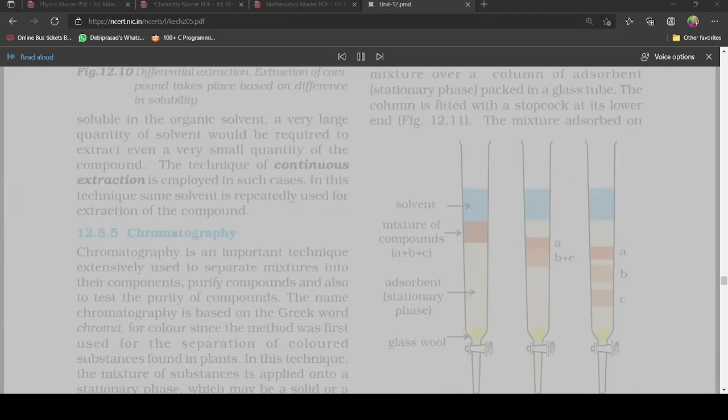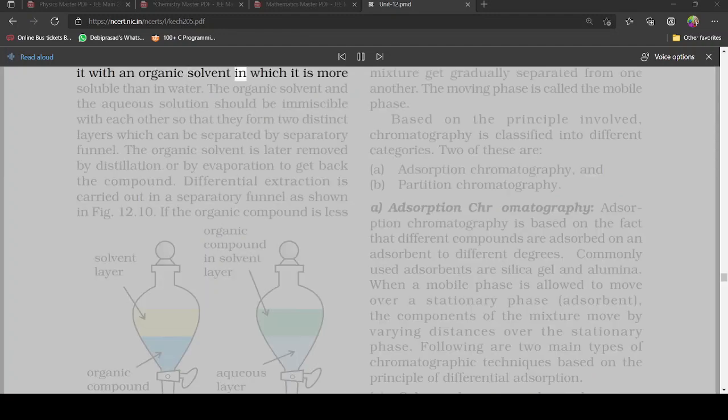Fig. 12.11. Column chromatography. Different stages of separation of components of a mixture. Fig. 12.10. Differential extraction. Extraction of a compound takes place based on difference in solubility. It is shaken with an organic solvent in which it is more soluble than in water.